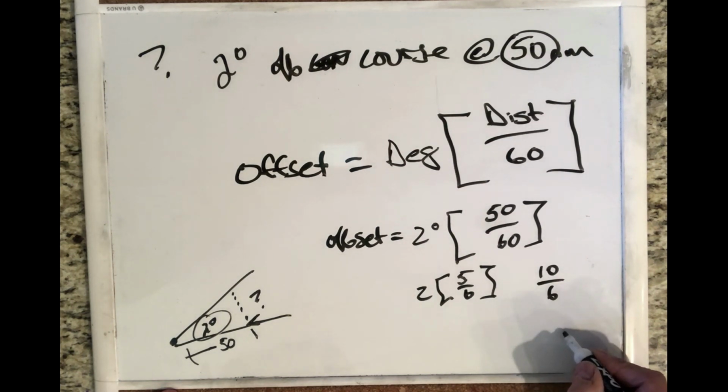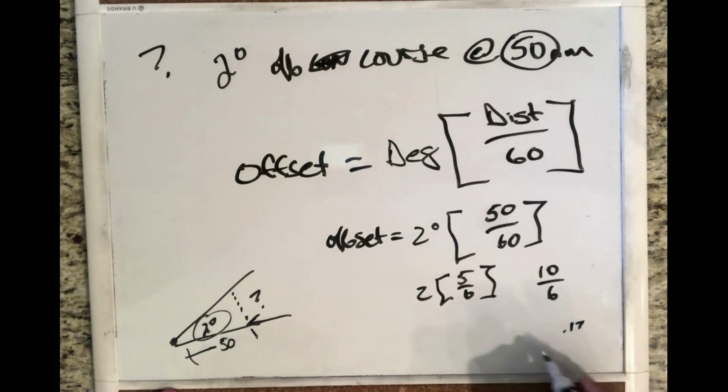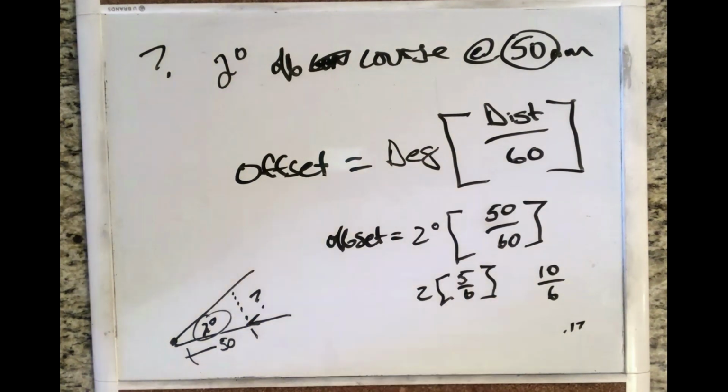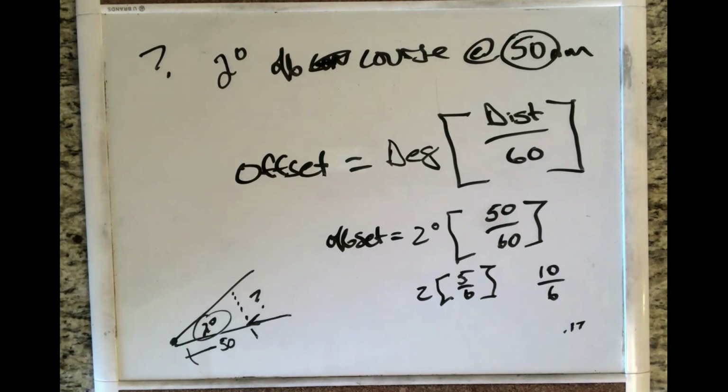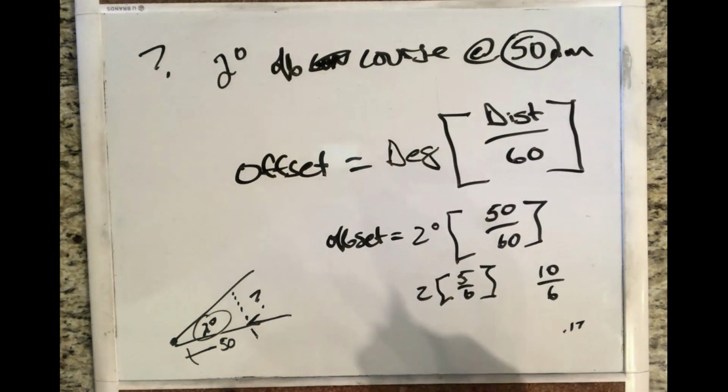Well, 1/3 is 0.33, 1/6 is about 1.7 times 10. I'm not even going to try to do that math. 1.7-ish or something like that. In fact, you'd think that I would, well, my calculator's on my phone. My phone's what I'm using to record this.